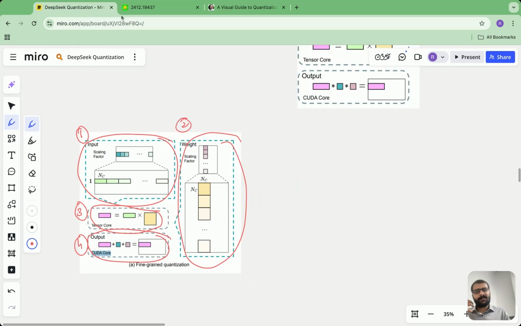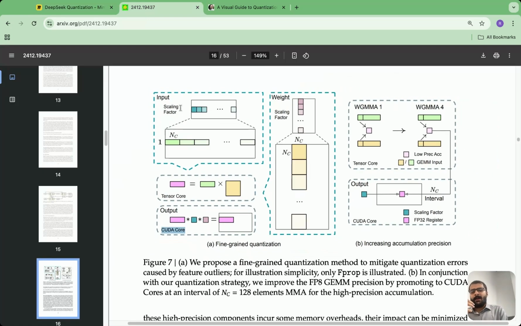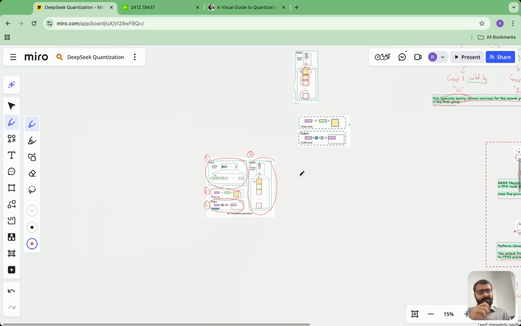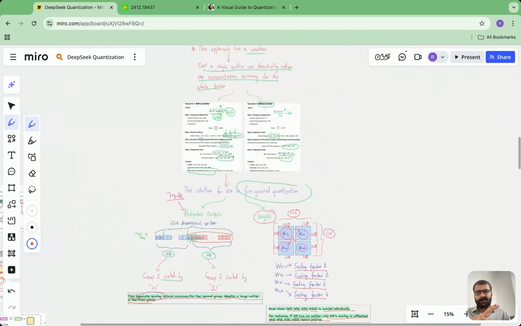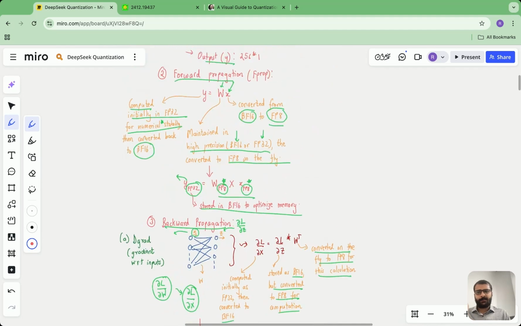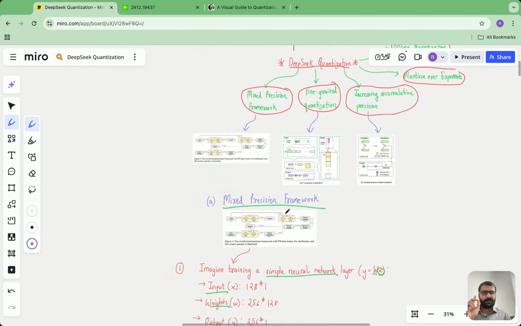That's why reading this paper is so tough, because every single aspect can be broken down into multiple aspects, and that's why this series has become quite long. But to reach these 16 pages, it's important for us to dive into the very basics if we want to build DeepSeek from scratch. So in this lecture, I plan to cover only this much, where we have fine-grained quantization, and in the first part of the lecture, we covered the mixed precision framework.